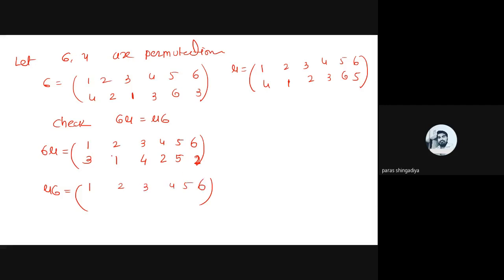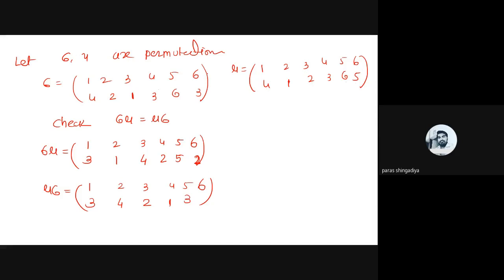mu sigma will be: 1 goes to 4, so the output of 4 in the sigma is 3. 2 goes to 1, the output of 1 in the sigma is 4, so 2 goes to 4. 3 goes to 2, the output of 2 in this sigma is 2 here. Then 4 goes to 3, the output of 3 in this sigma is 1, so it is 4 to 1. 5 goes to 6, and the output of 6 in the sigma is 3, so it is 3.